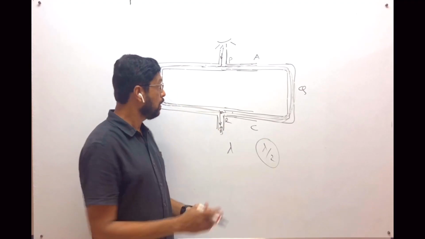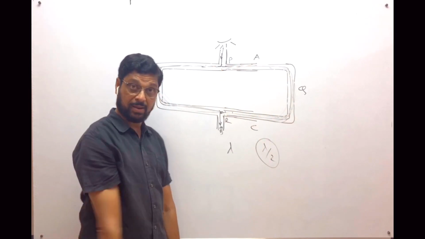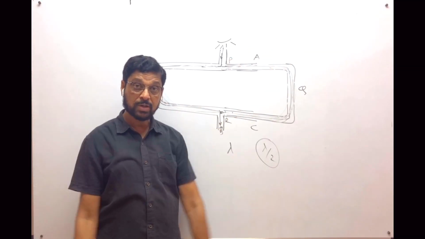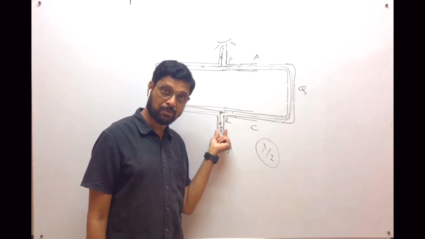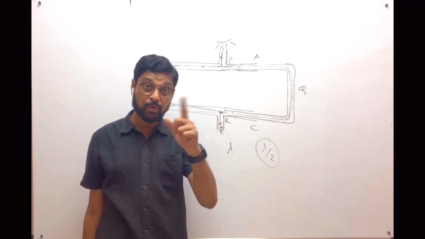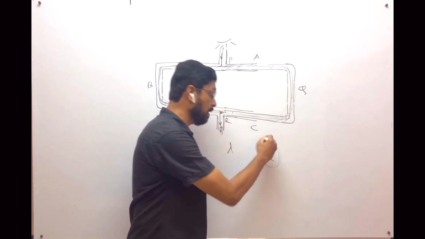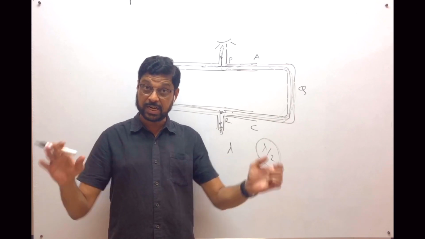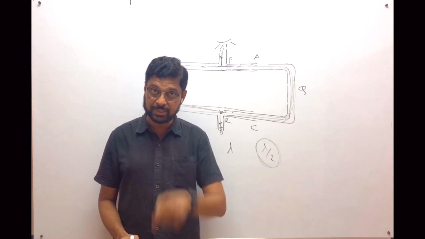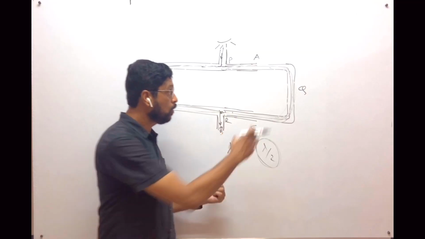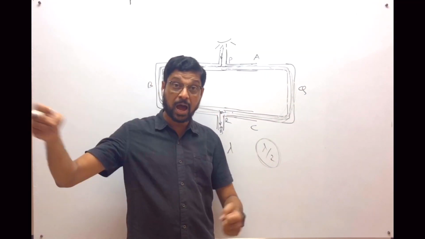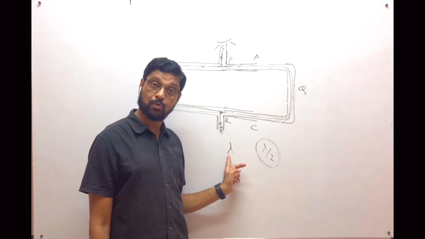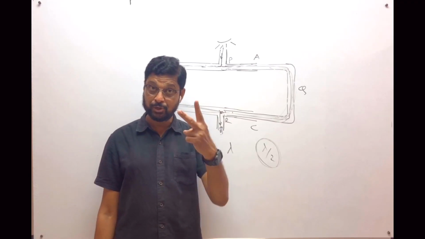So initially, when these two distances are equal, path difference is 0, phase difference is 0, you hear a loud sound, constructive interference. Pull it at one position, the path difference will become equal to lambda by 2, means phase difference will become pi, there will be destructive interference, net intensity will be 0, you will hear no sound here. और खींचो इसको, distance बढ़ाओ, at one particular position, the path difference will become equal to lambda, means the phase difference will be 2 pi.